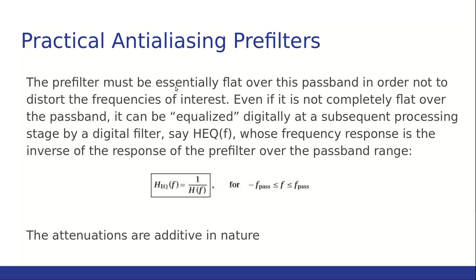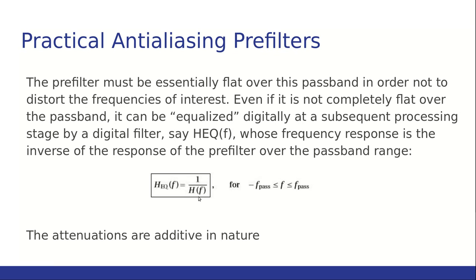So what we try to achieve here is that the pre-filter must be essentially flat over the passband in order not to distort the frequencies of interest. Even if it is not completely flat, it can be equalized digitally at a subsequent processing stage by a digital filter. So what we do is we try to do the inverse of what a practical anti-aliasing pre-filter would do.